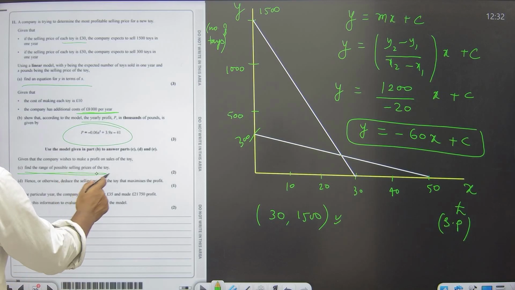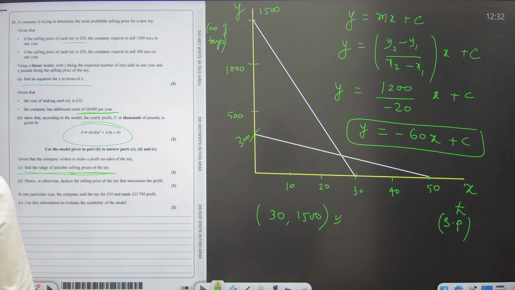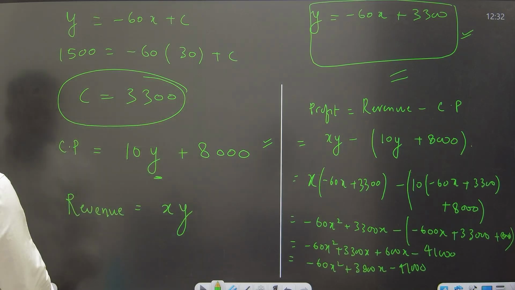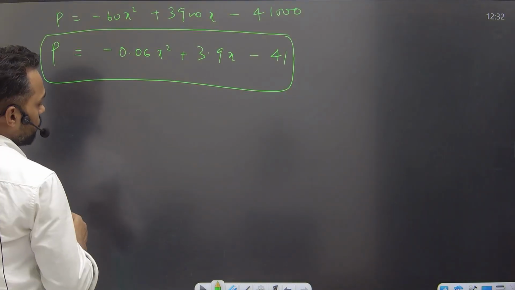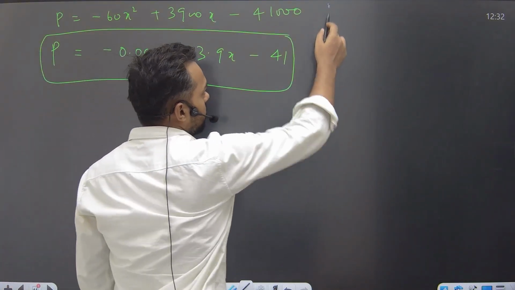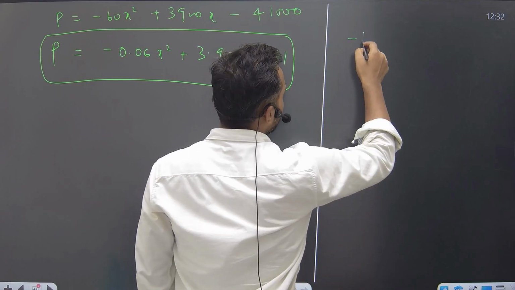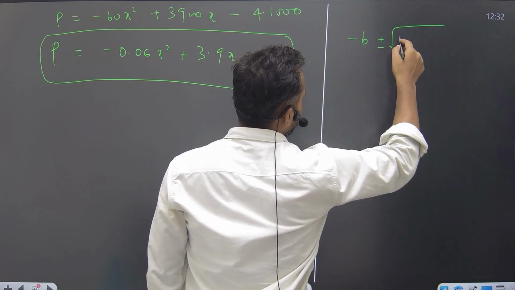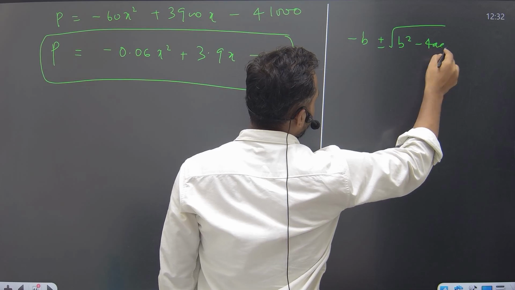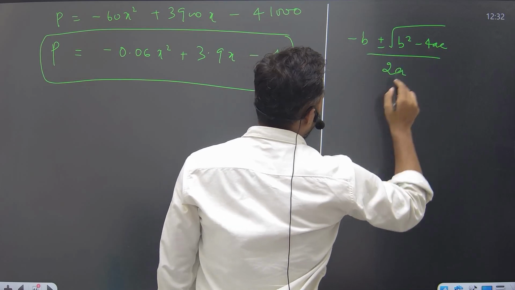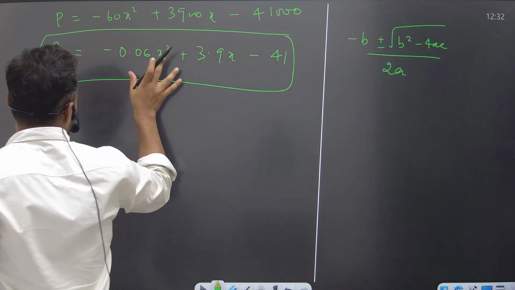So they have asked for the range of possible selling price of the toy. We need to apply the quadratic formula here, that is minus b plus or minus the square root of b square minus 4ac, upon 2a. We apply this to find the value of x.